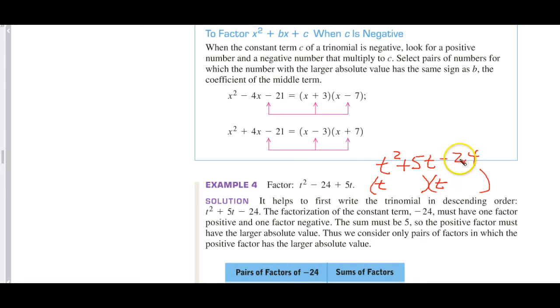And then factors of 24 that have a difference of 5, it'll be 8 and 3. And as you do these, you go through the different factors mentally. And since this 5 is positive, the larger number will be positive. And that will be negative. And you FOIL it, and it checks out.